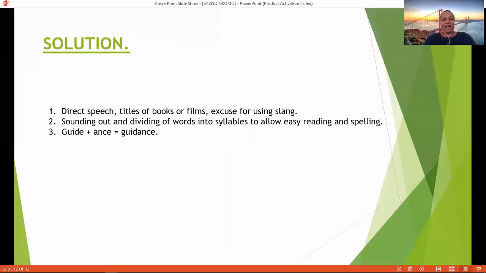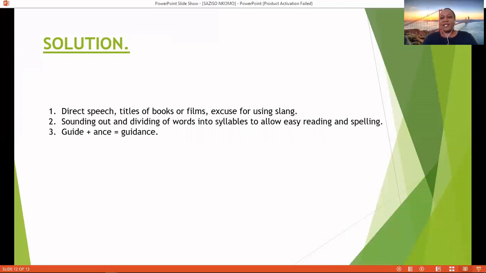And our last question, we will take the word guide, and the letter E will fall off because the suffix begins with a vowel, and therefore our E will fall and we have guidance.